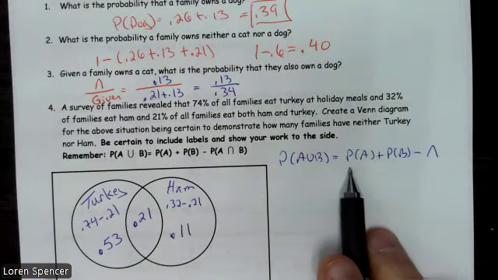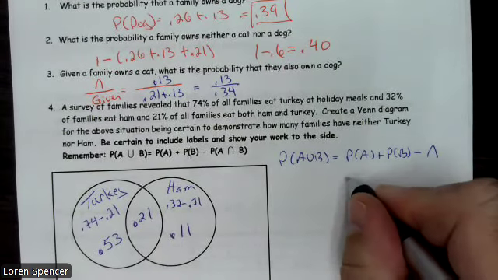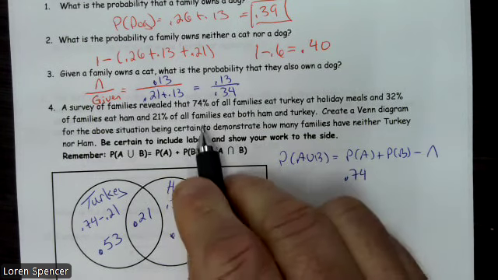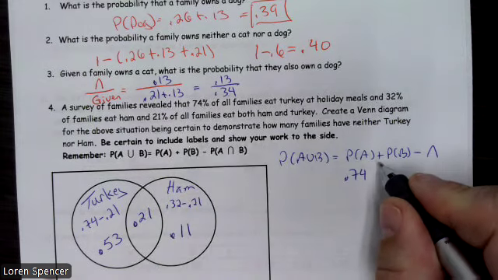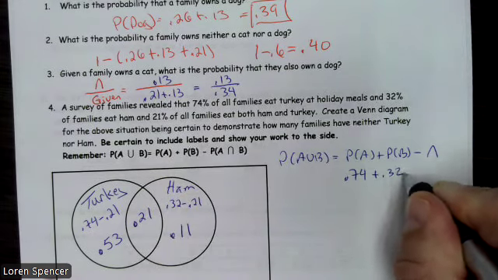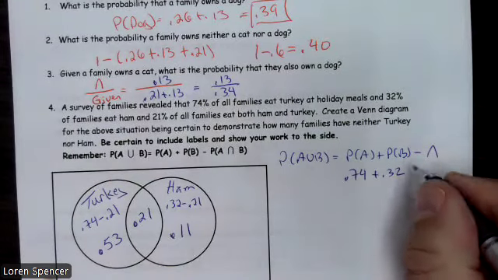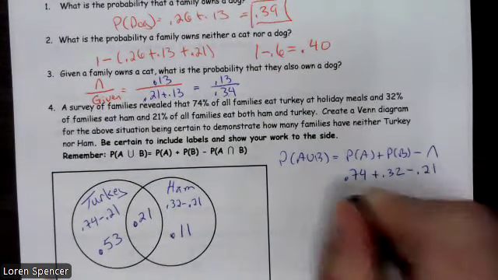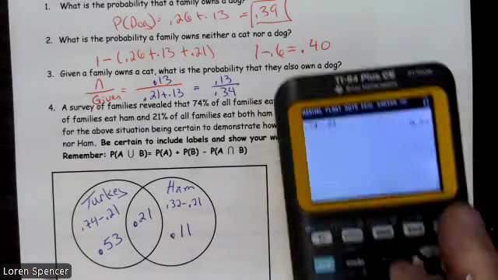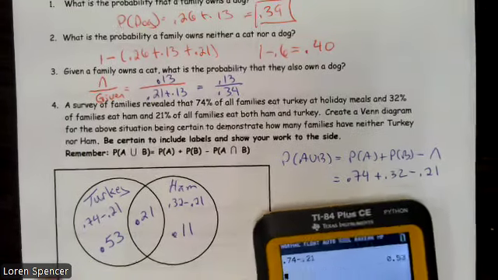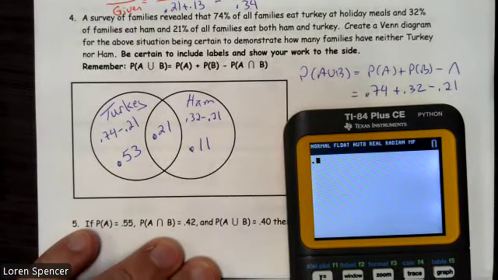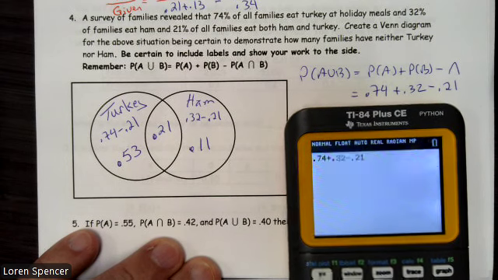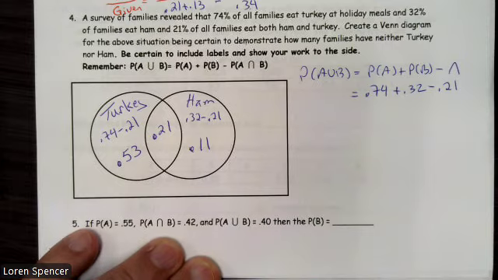Well, we know that the probability of A, the turkey, is 0.74. We know the probability of the ham is 0.32. And we know the probability of both is 0.21. So when we add those up, 0.74 plus 0.32 minus 0.21 equals 0.85.